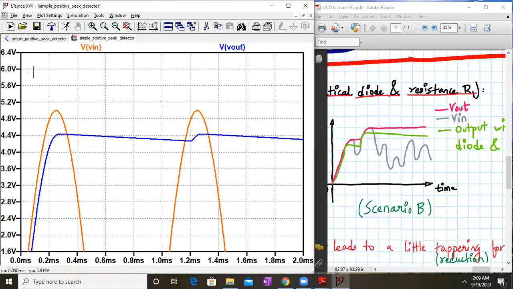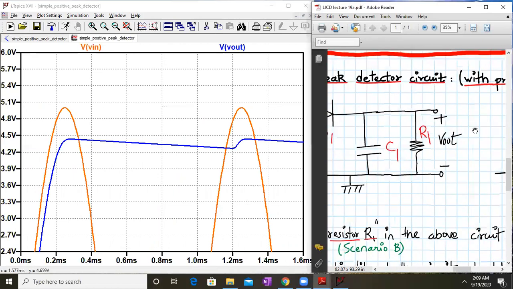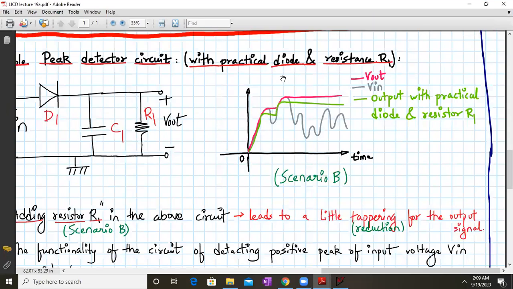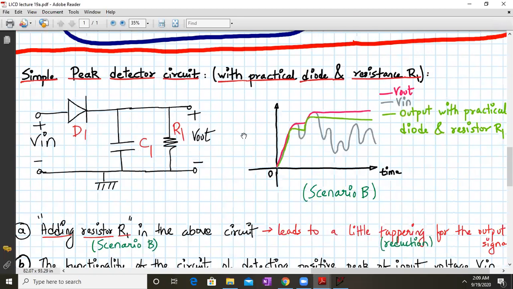Okay, yeah. As you can see, the output voltage is slightly falling due to the load resistor R1 because the capacitor is discharging slowly. So this is how a simple peak detector circuit with a practical diode and a resistor will look.